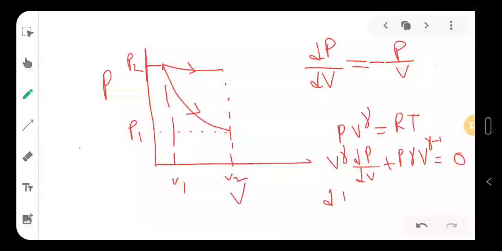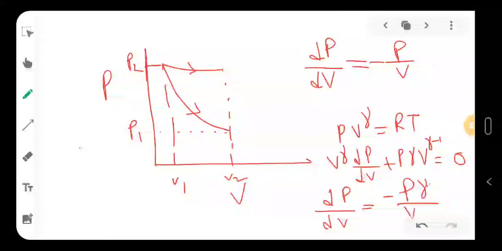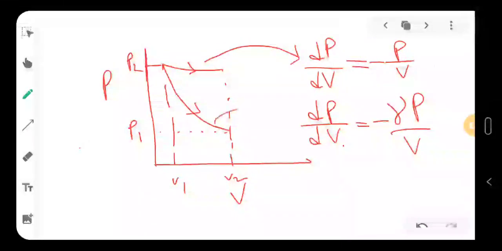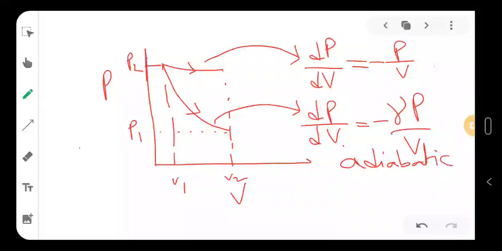So from there we get dP by dV is minus P gamma, and we can take out V to the power gamma, so ultimately this will be minus gamma P divided by V. So in the isothermal case this thing is happening, but in our adiabatic case, minus gamma P by V. So a factor of gamma comes in the case of adiabatic, and that's why the slope is more here, and this is isothermal.